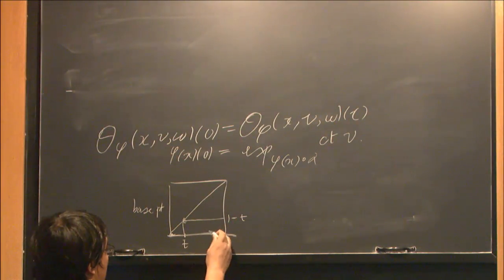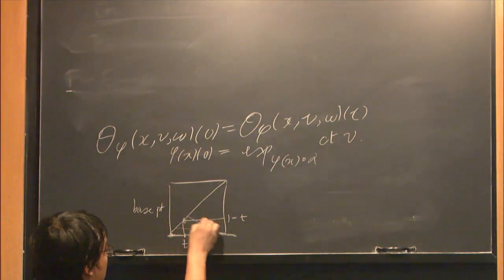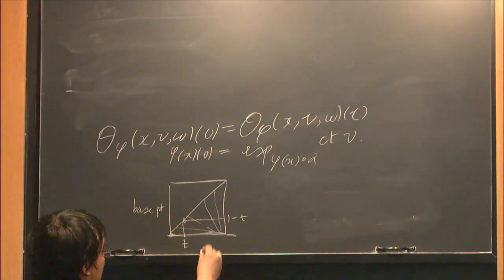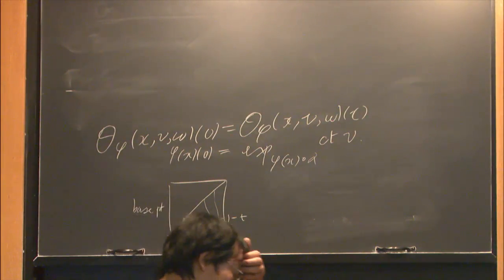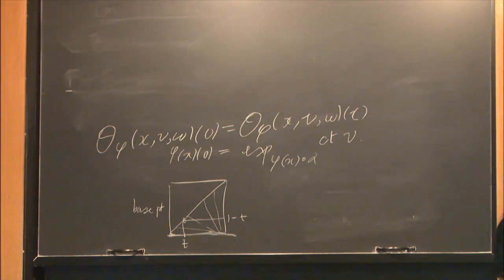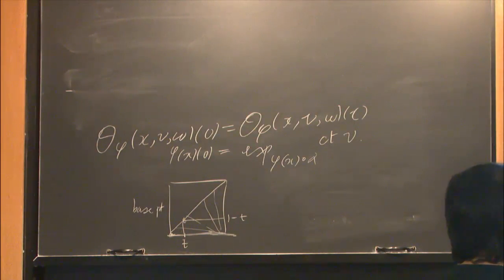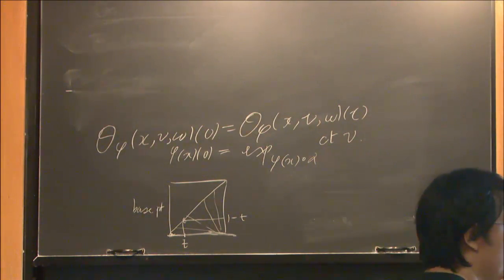And then you can just thicken along radial directions and do the evaluation of two time variables, one base point and one t, and this gives you a homotopy of commutativity, and if you symmetrize it, you can get a loop cobracket.